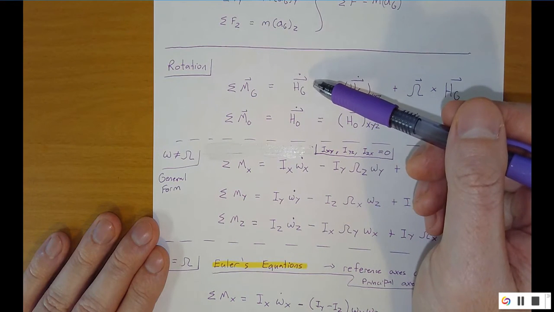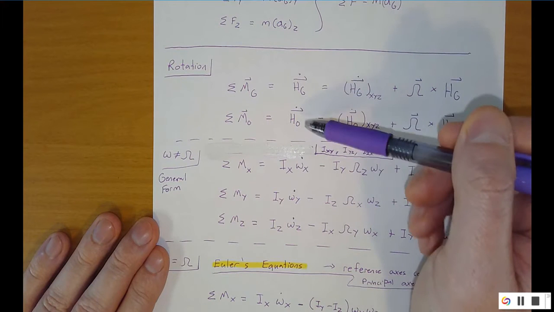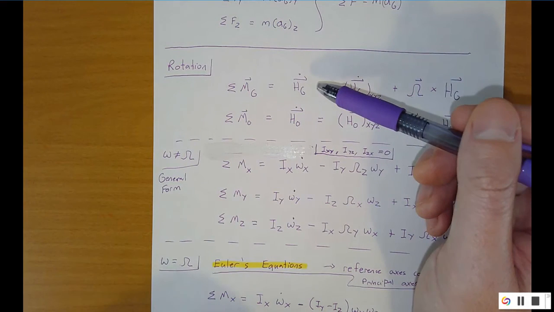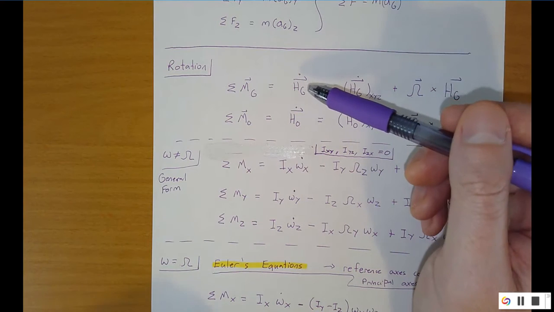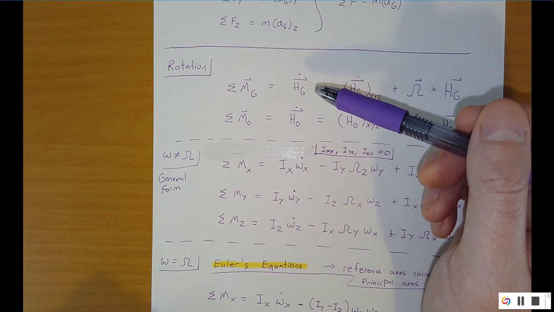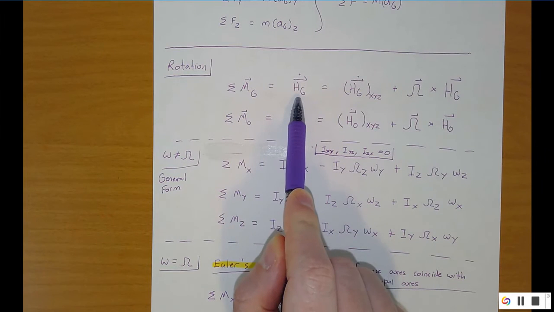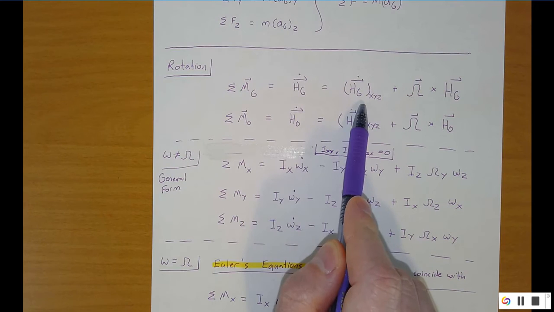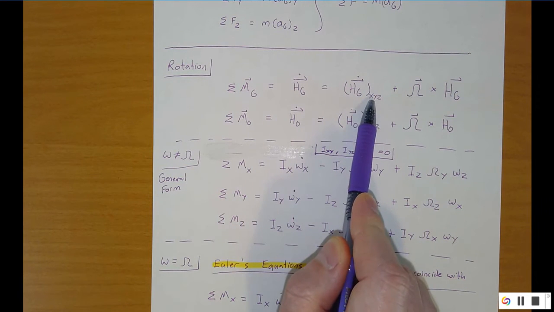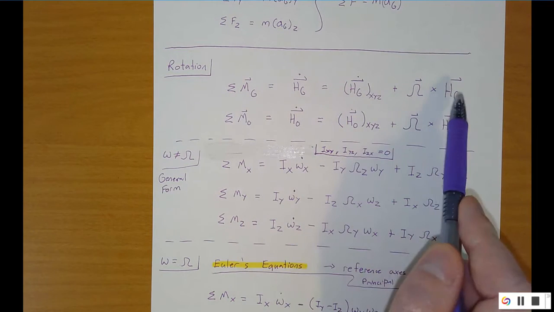Now, previously this was I alpha, but now it's going to be the derivative of this because we're in 3 dimensions. When we went through kinematics, chapter 20, we had an equation that says if we want the derivative of a vector, any vector, we can break that up this way. So we have the derivative of the vector in the local coordinate system, the x, y, z, and then we have that vector.